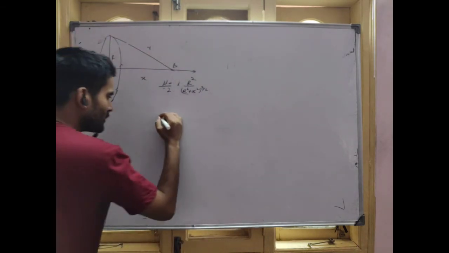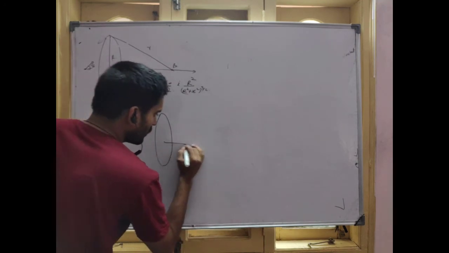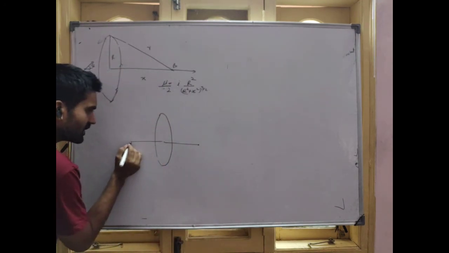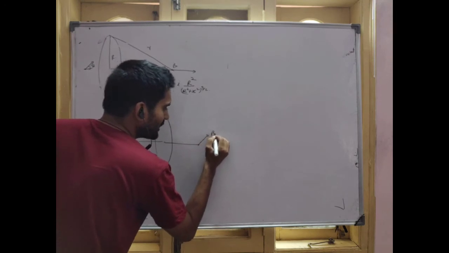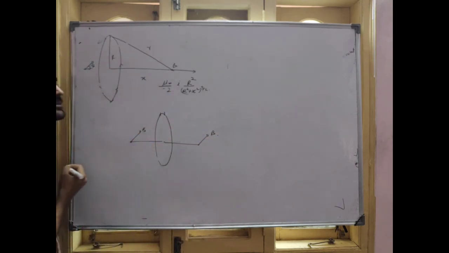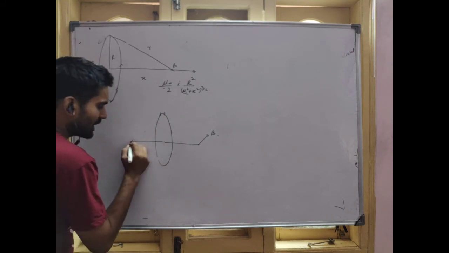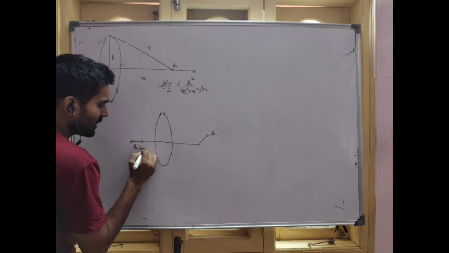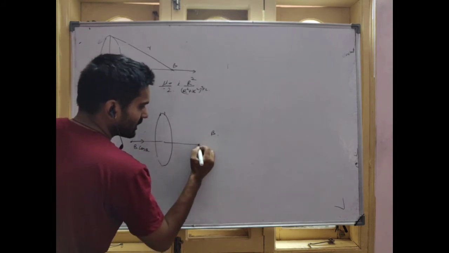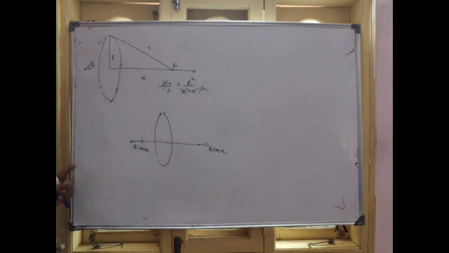So if you take a loop like this and take 2 points here, it will be B here and B here. If you take a small element like this and take the components, you will get B cos theta and B cos theta like this. Are you getting my point or not?